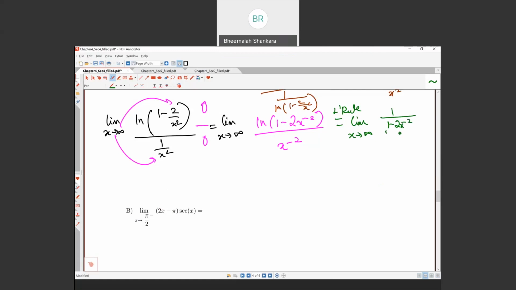But you have to do the chain rule for this. Differentiate the denominator again. You have 4x to the negative 3. The entire fraction is divided by negative 2x to the negative 3.